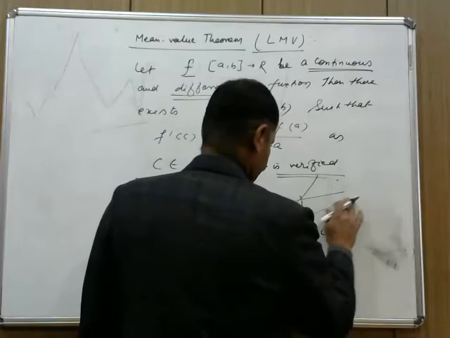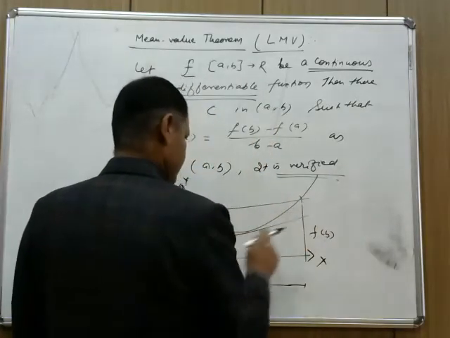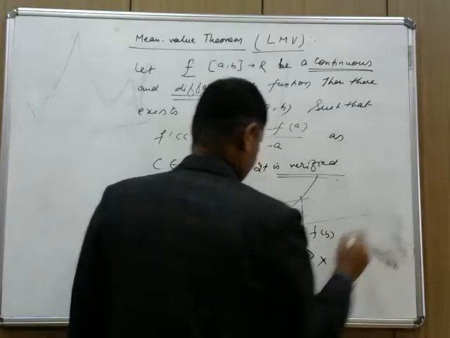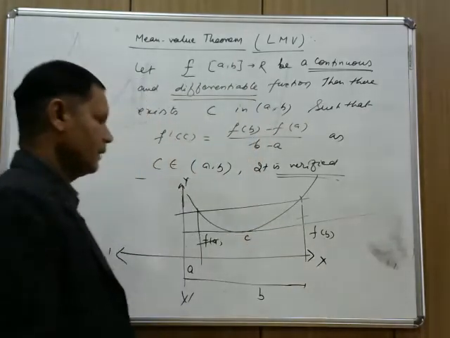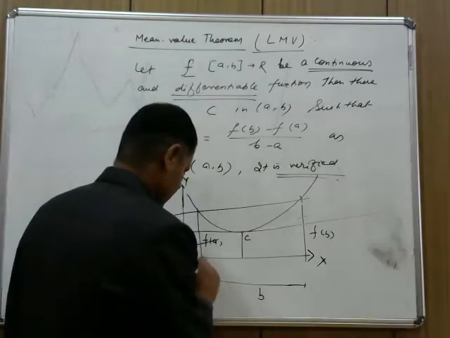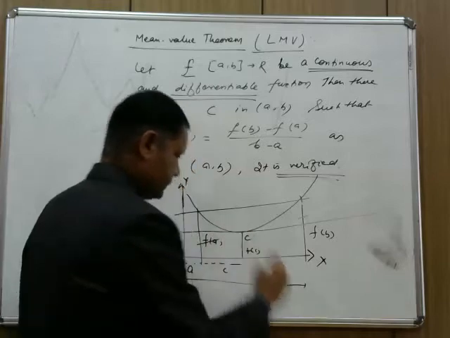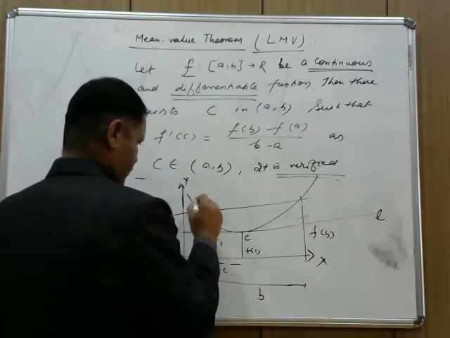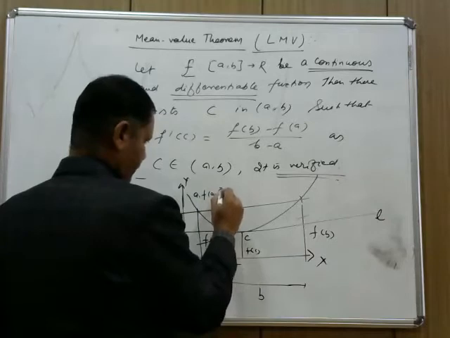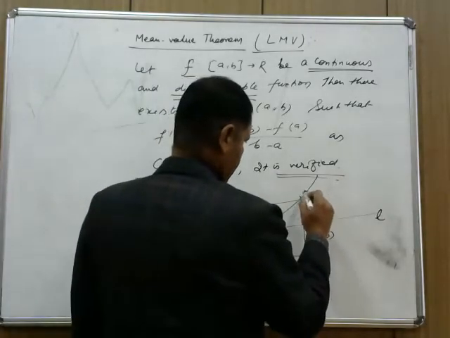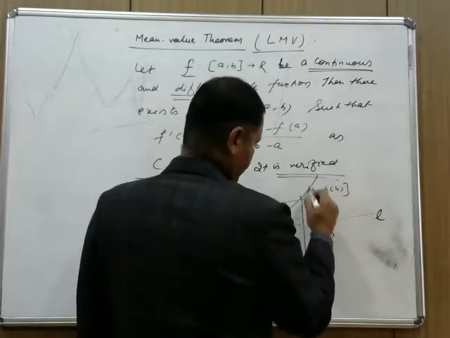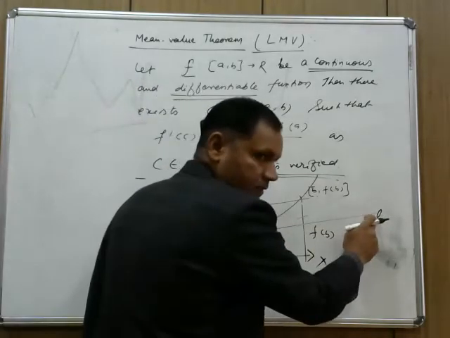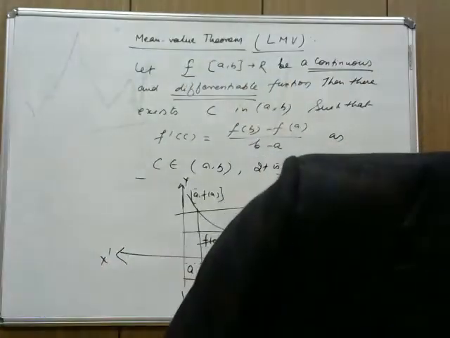Now this point is C, and its coordinates are C and f of C. The coordinate of this point is A, f of A. The coordinate of this point is B, f of B. At point C we have drawn the tangent, that is line L, and here we have joined the line A and B.